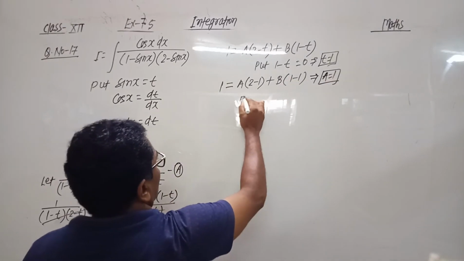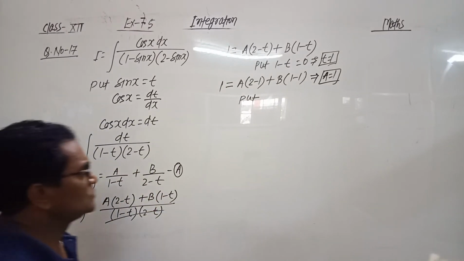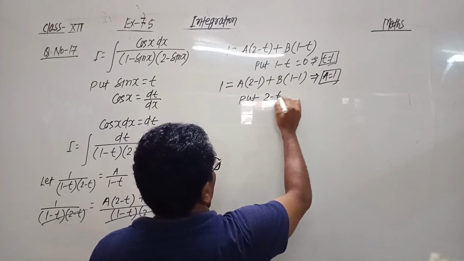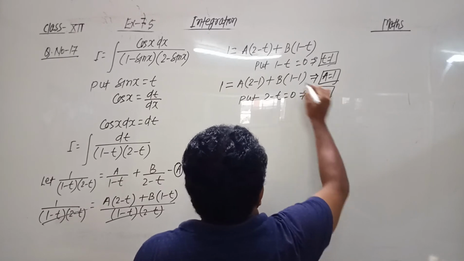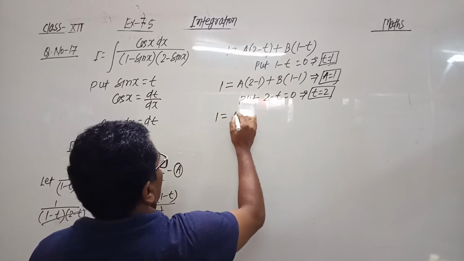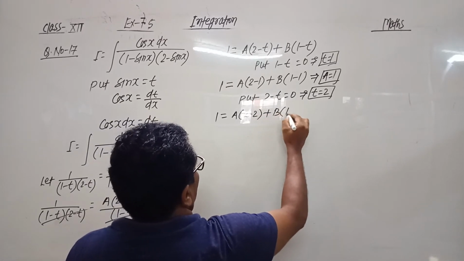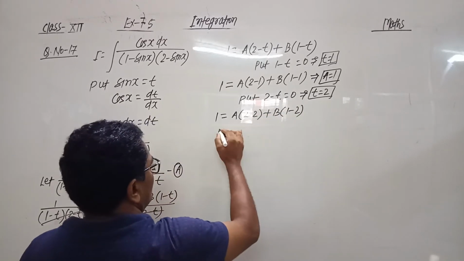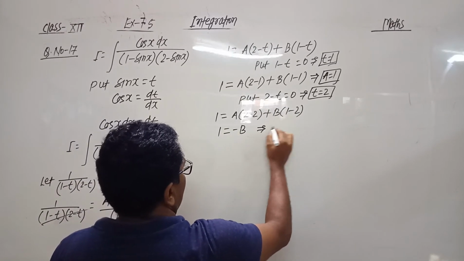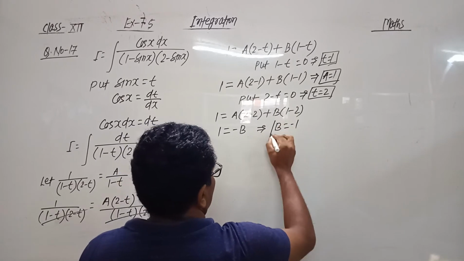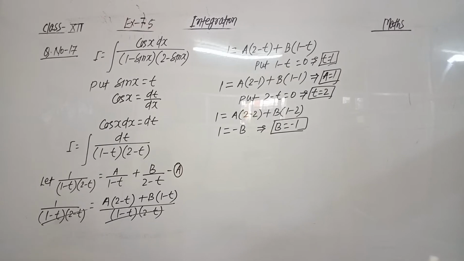Now put 2 minus t equals 0, then t equals 2. So 1 equals a into 2 minus 2 plus b into 1 minus 2. This becomes 0, and 1 minus 2 is minus 1. So we get the value of b equals minus 1.